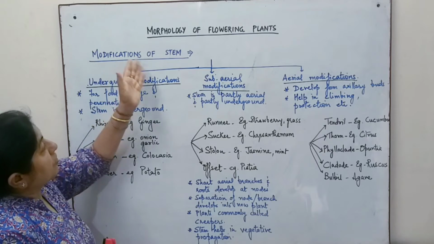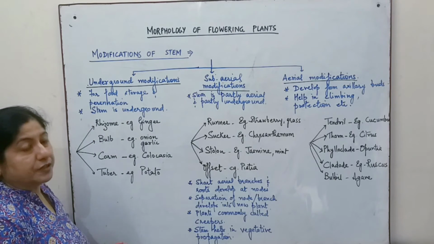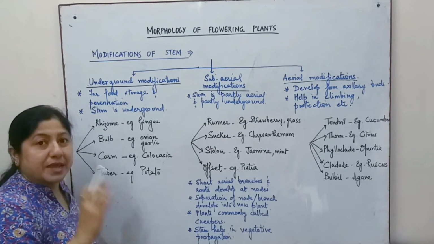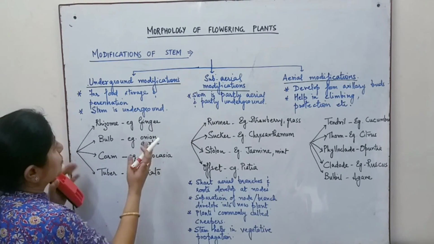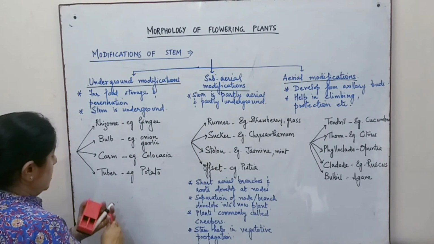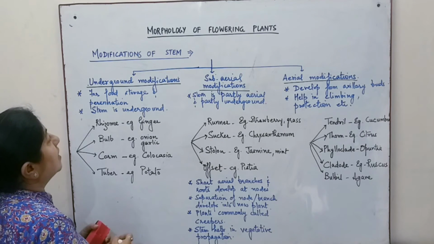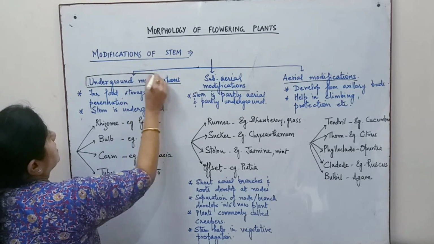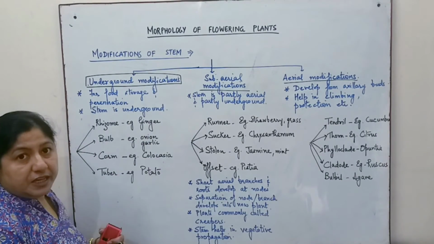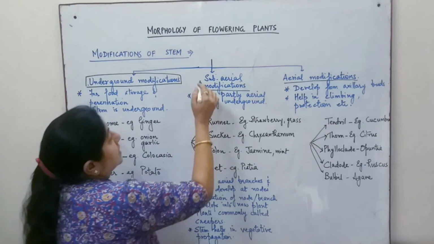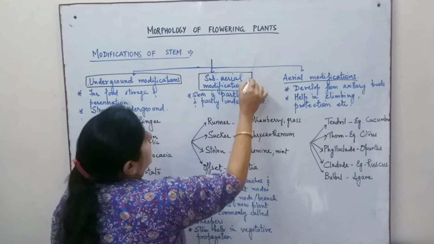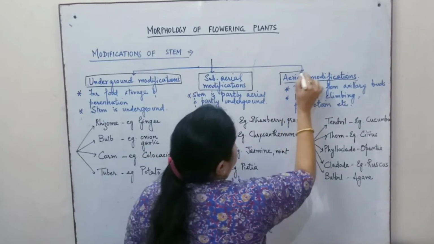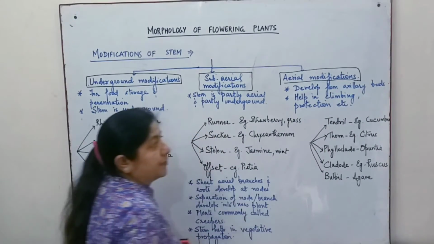If we talk of the modifications of the stem, the modifications can be divided broadly into three types. The first is the underground modification. The second is the sub-aerial modification and the third type of modification is the aerial modification.